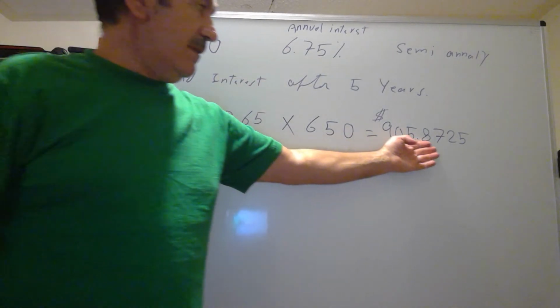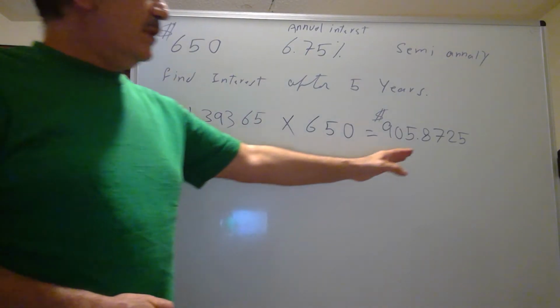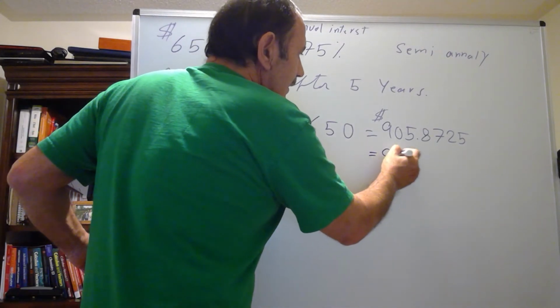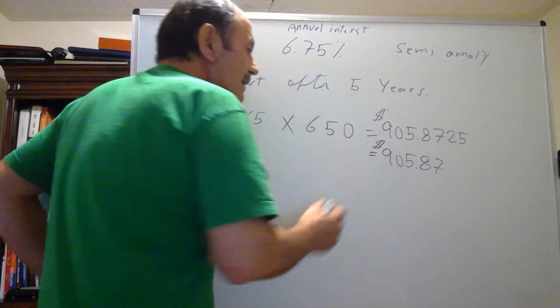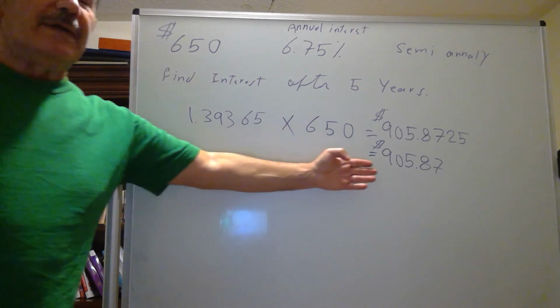But remember, because we have only 2 digits after the decimal when we are receiving money, we should round this to 2 digits after the decimal, which is $905.87. This is the final value that I'm going to receive.